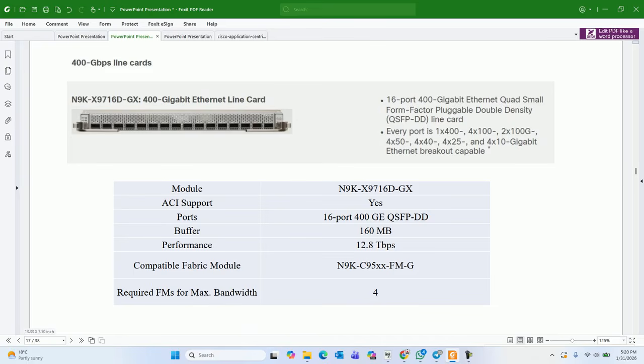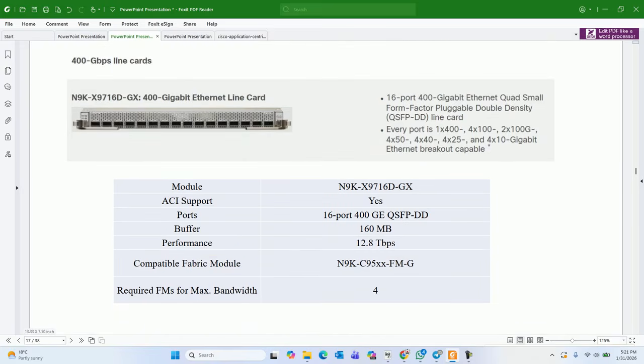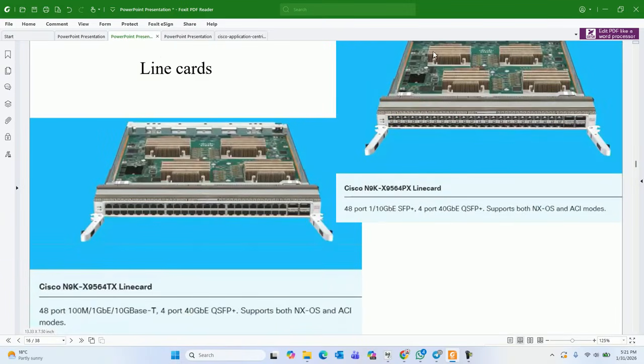Now you would be surprised to see that we have line cards with capabilities up to 400 Gbps. I'll share this slide.